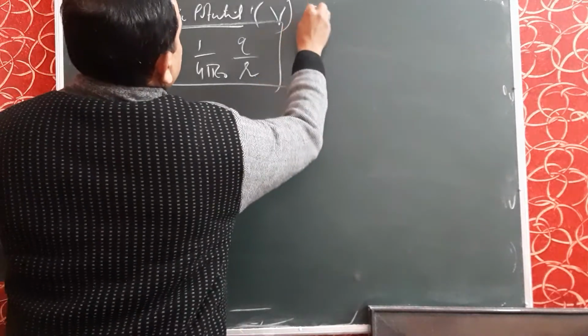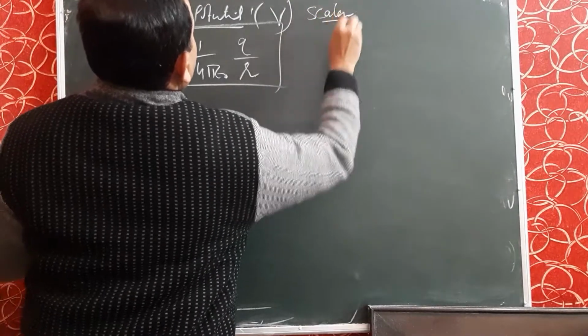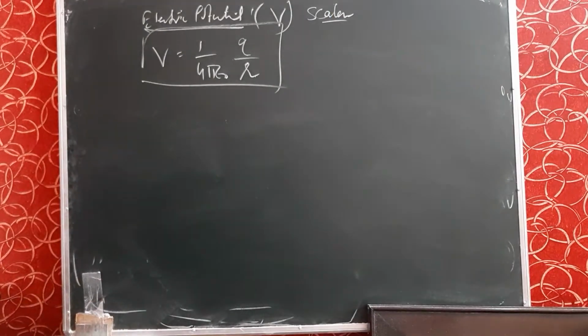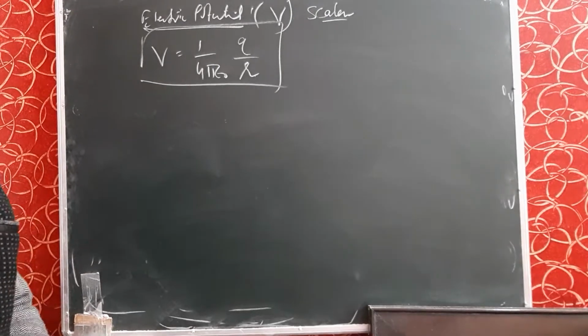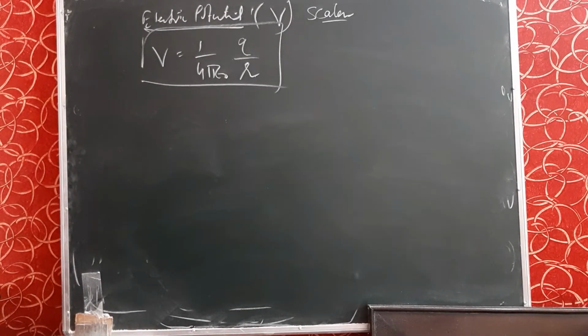You know that potential is a scalar quantity, it has no direction. The corresponding articles, electric potential due to a point charge, electric potential due to a line charge, equipotential surface, and so on, we have studied in the lower class. So, I will not solve these articles in this class; you will follow the same articles from the previous class or from this book or this chapter.